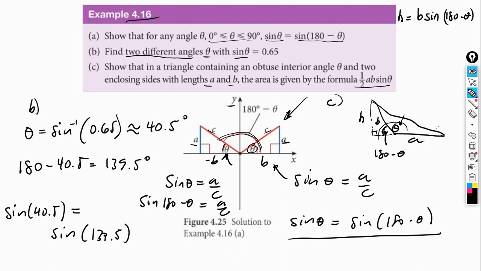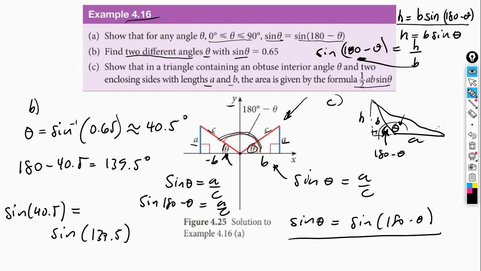If I want to find the sine of 180 minus theta, in other words, the sine of this angle here, it is going to be opposite H divided by the hypotenuse, which in this case would be B. So H over B. So if I send this to multiply, I'm going to get this expression, right? H is equal to B times sine of 180 minus theta. But we already said that sine of 180 minus theta is the same as sine of theta. So that means that we can express the height as being B times sine of theta.